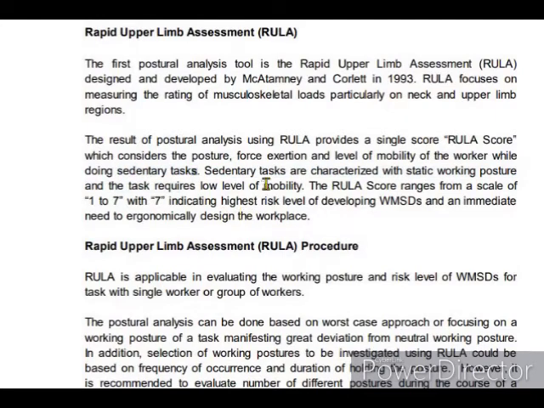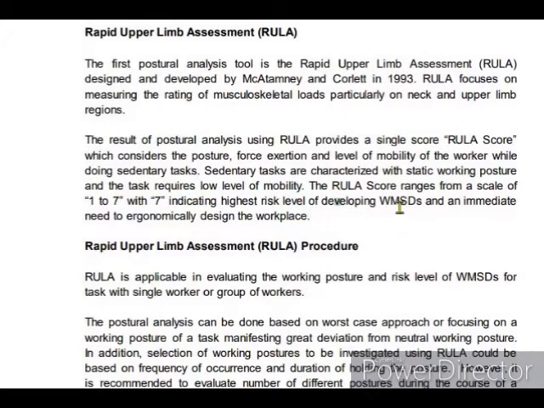So, sedentary tasks are characterized with static working posture. So, ibig sabihin ng static, hindi siya dynamic. Ibig sabihin, hindi siya mobile. Okay? Kumbaga, naka-stack lang siya. Okay? Stack up lang yung working posture niya. So, and the task requires low level of mobility. Ayan, no? Low level of mobility. Kung may mobility man, mga galaw lang ng kamay, mata, okay?